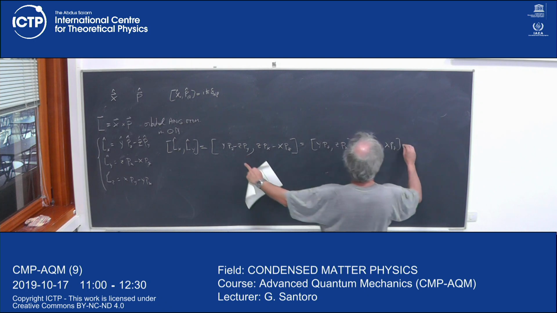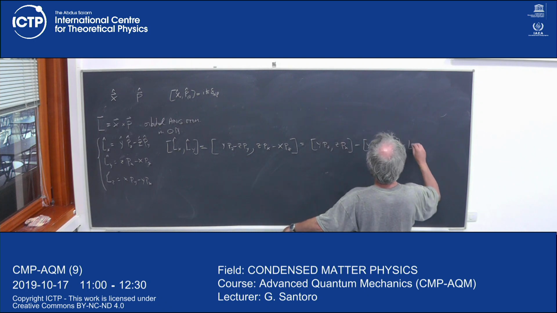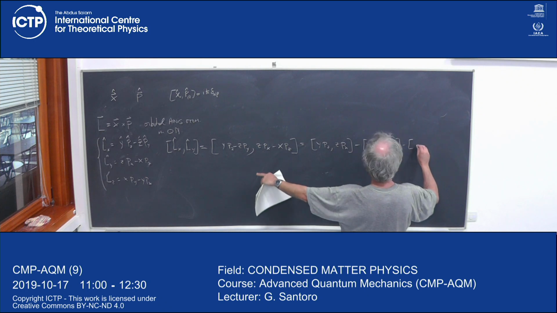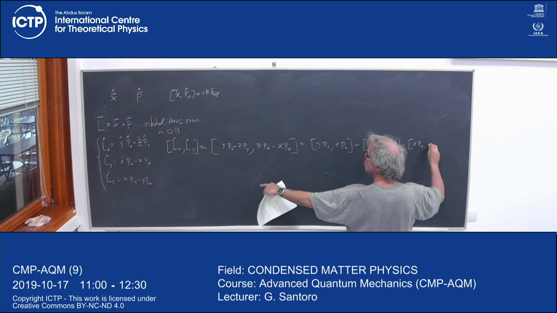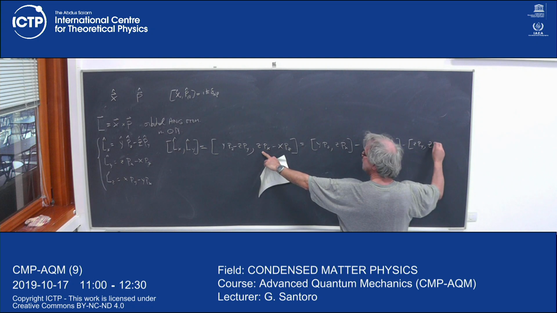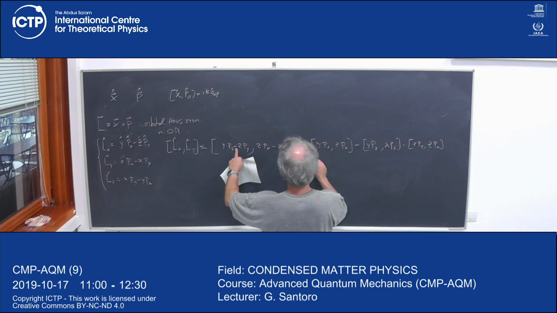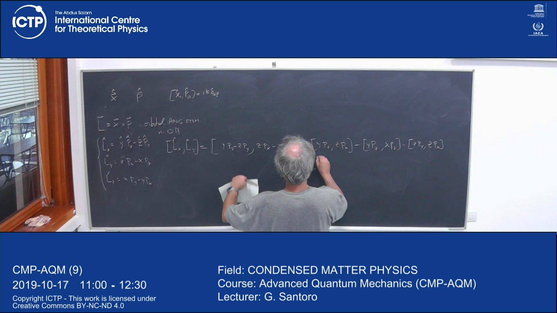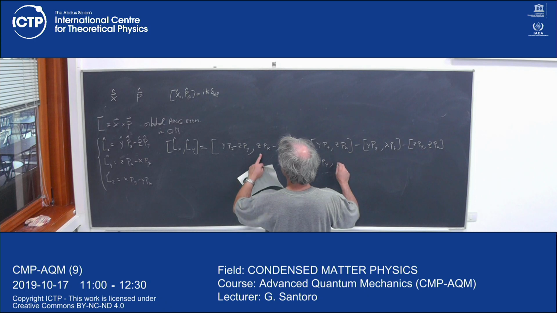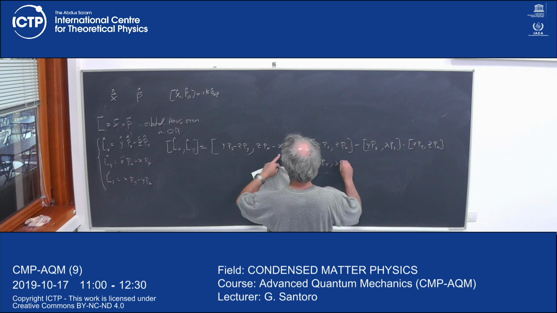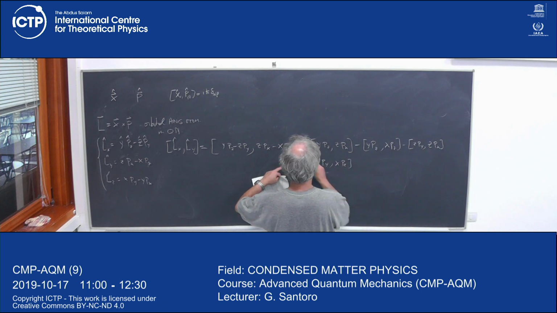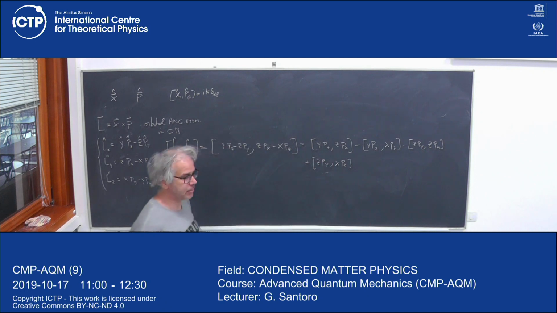Another is minus z py commutator with z px. And finally, I have another term which is the plus, which is z py commutator with x pz. Okay, these are the four terms.